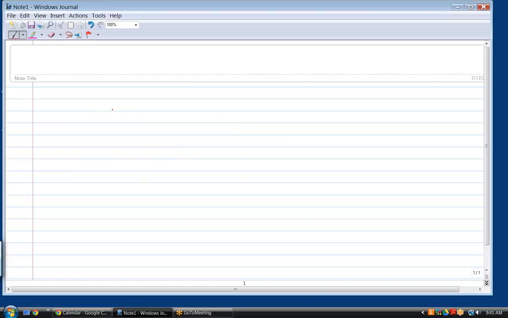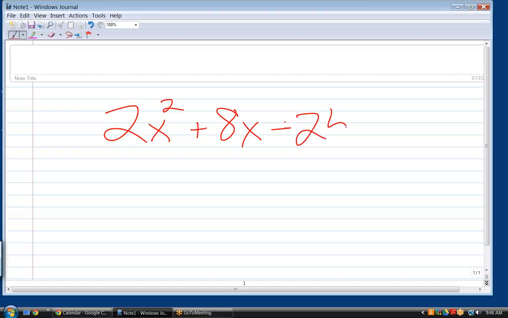Factor this for me. Now, what's the first step in factoring?